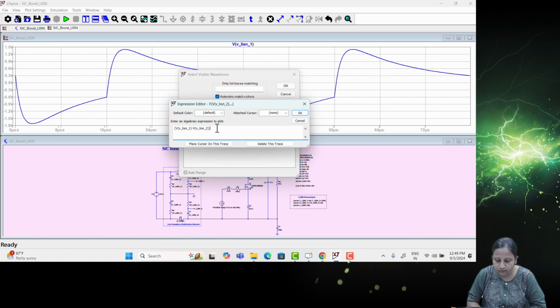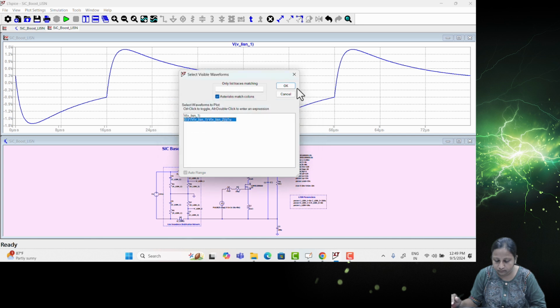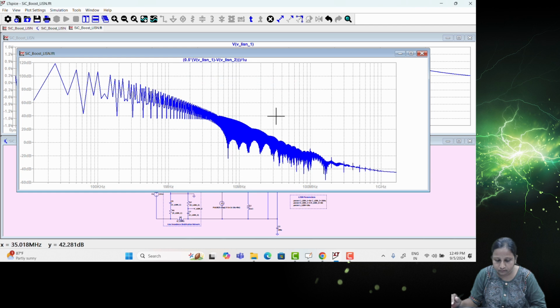This is the differential mode noise. So you see, this is the differential mode noise without connecting any filter.